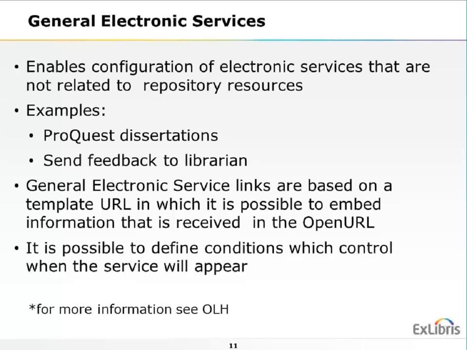So you can take all that information that is in the context object and embed that within the template URL. I'll show it in a minute, and I think it will be much more clear. And with the general electronic services, you also have the ability to define the condition in which the service will appear. So let's see an example, and hopefully it will be more clear.